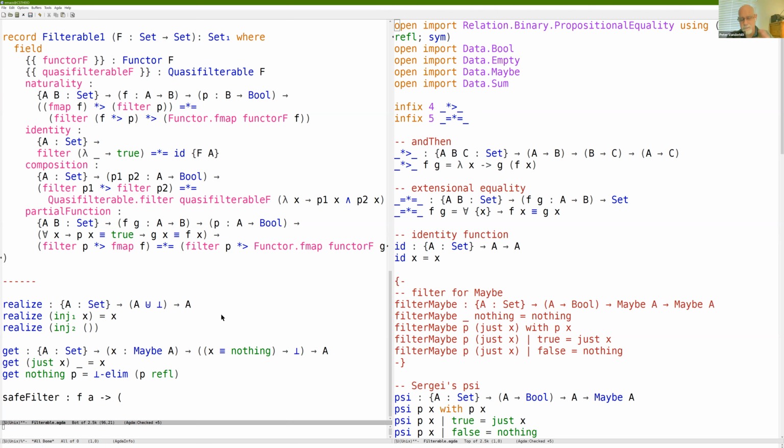Another option is to have filter return the list and also return another assertion that if you were to F-map P over the list, it would be universally true. So that you can always go back and say, if I need that P is true of this, I can just get it.